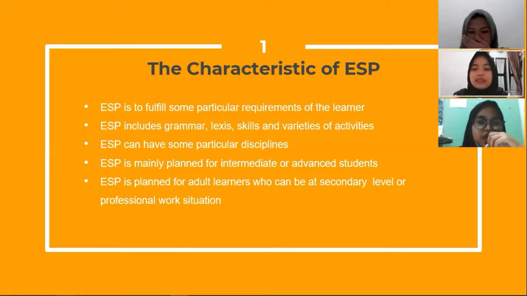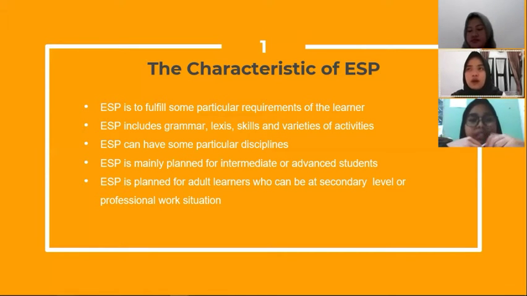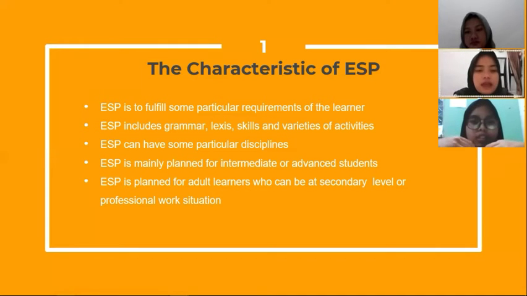So the field is for the intermediate and advanced students who will learn more deeply. And then ESP is plain for adult learners who can be at secondary level or professional work situation.